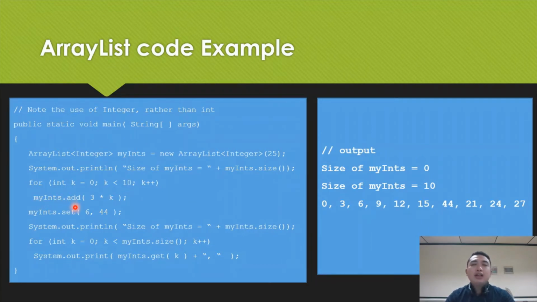As I mentioned earlier, we can add elements using add, but there are also other methods wherein you can add elements at a specific position, which we'll discuss later. So it will loop 10 times and add elements, multiplying k by 3: 0, 1 times 3 is 3, 2 times 3 is 6, etc. So it will be added in our array.